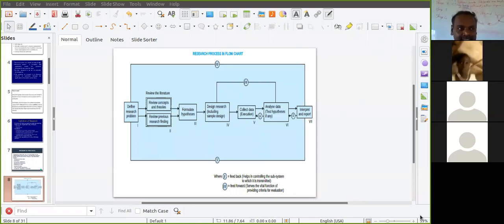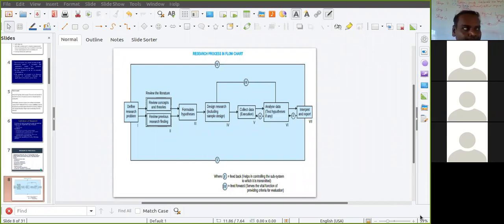Once you formulate the hypothesis, then you need to set your research design. The fourth step is setting the research design. There are four research designs commonly applied: descriptive research design, explanatory research design, experimental research design, and so on. Different research designs are there. If you are doing laboratory research, then it's supposed to be the experimental research design.